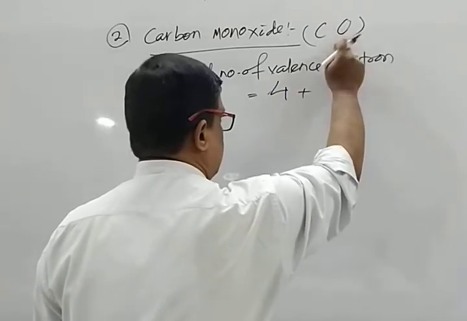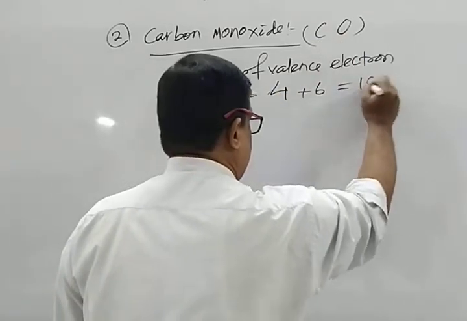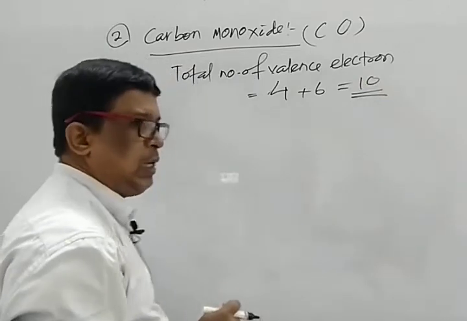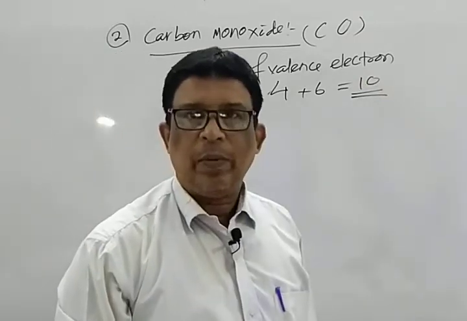Oxygen, atomic number 8, is 2, 6, that is 6. Total number of valence electrons is 10, or 5 pairs.